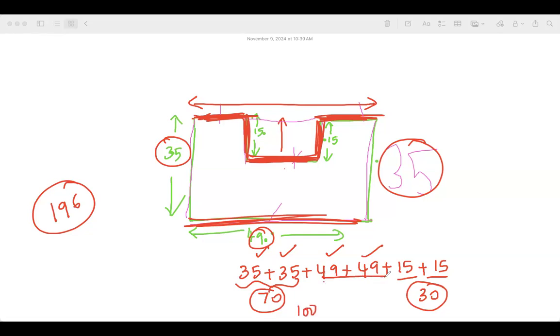And then 49 plus 49 is what? 198. 49 plus 49 is 98. So add everything together, it's 198. Can I move on? Nevan, did you get that? Yes.